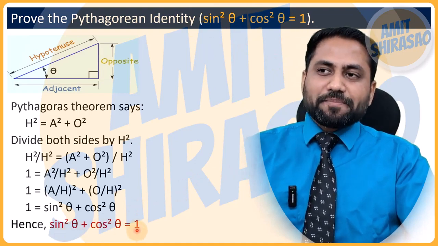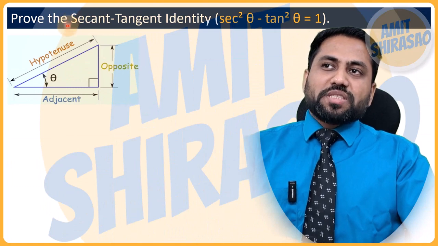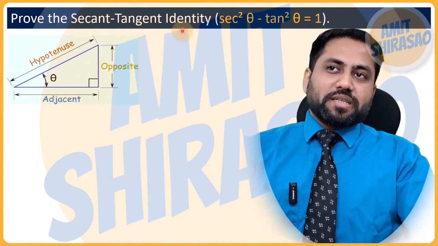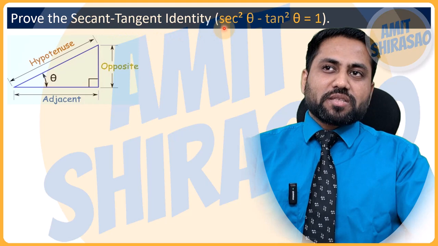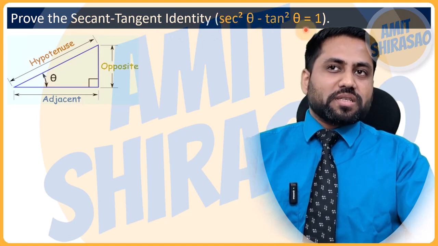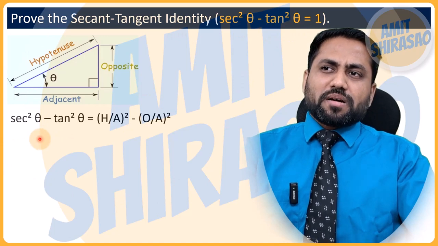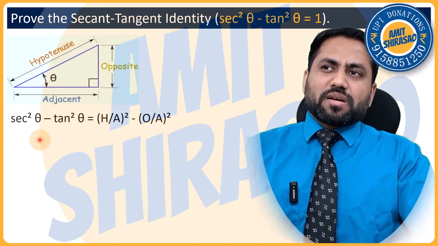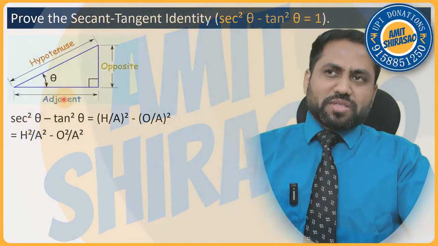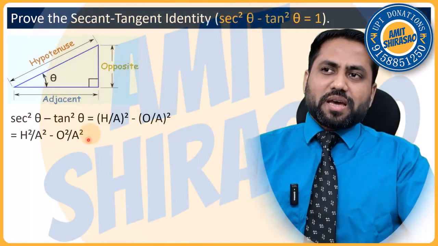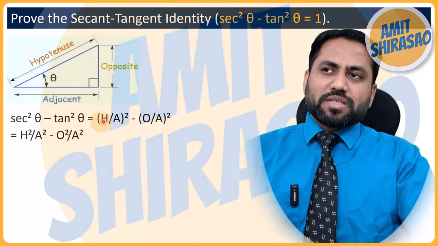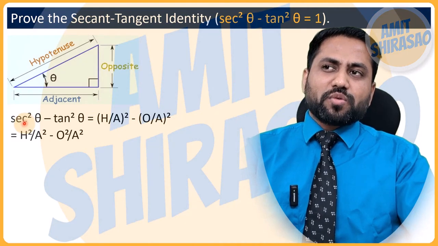Got the idea? Now let us prove the secant tangent identity. It says sec square theta minus tan square theta is equal to 1. So everything always starts with Pythagoras theorem. I've just taken this first, and I've just written down the second. Second means what?